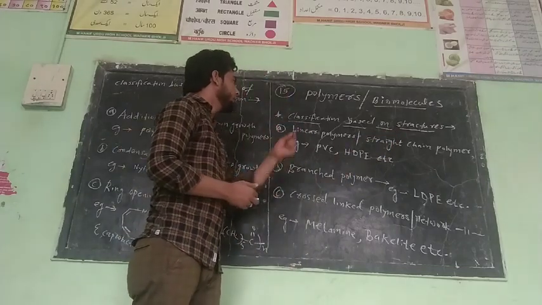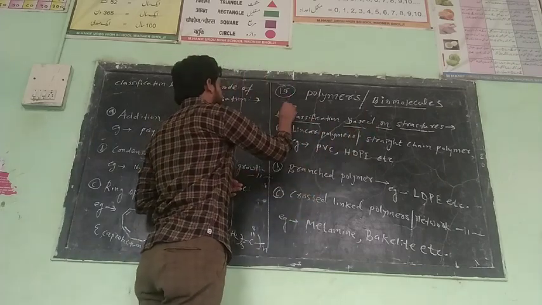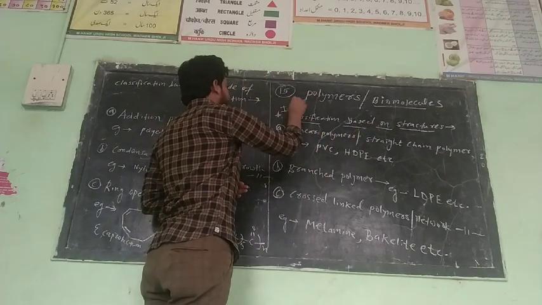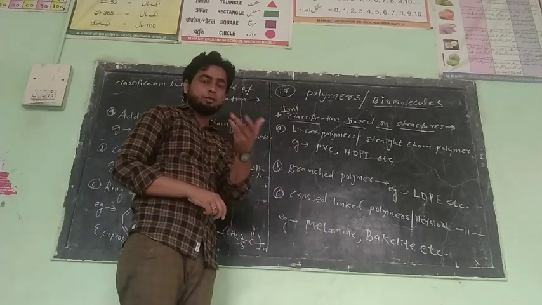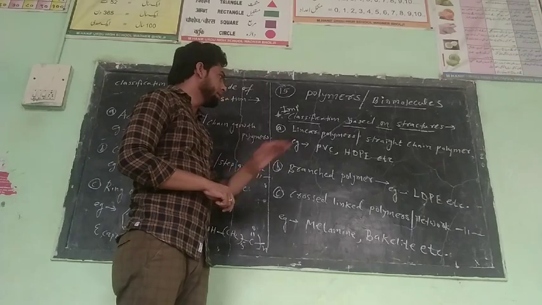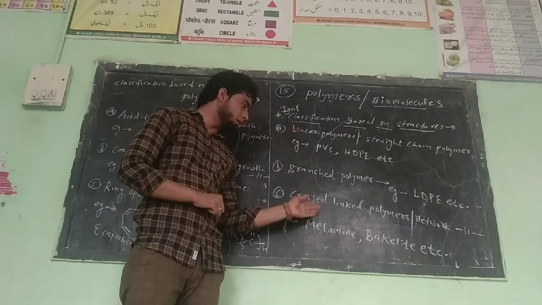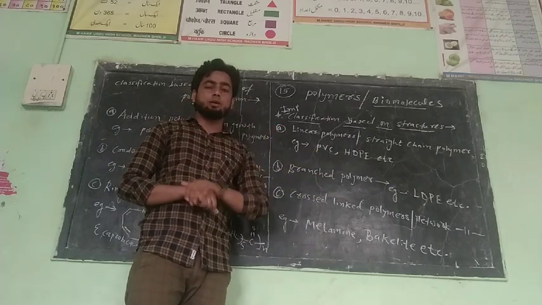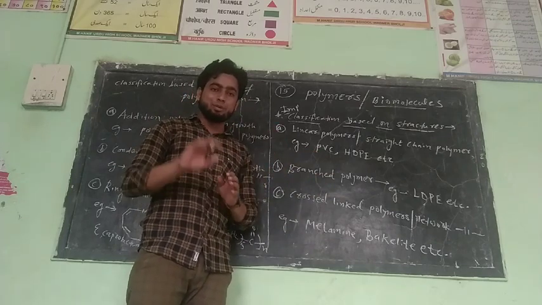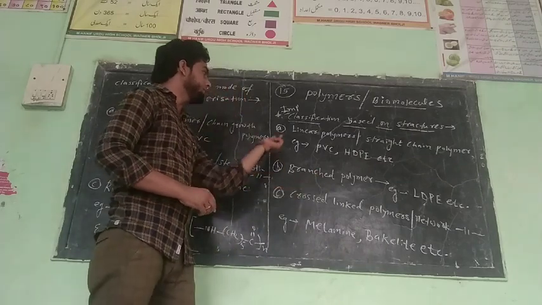First of all, classification based on structure. This question is asked in examination. It's a very important question from the exam point of view. Question ऐसे जाएगा बेटा आपको: define the linear polymer or branch polymer or cross-link polymer, or classification of polymer based on structure.